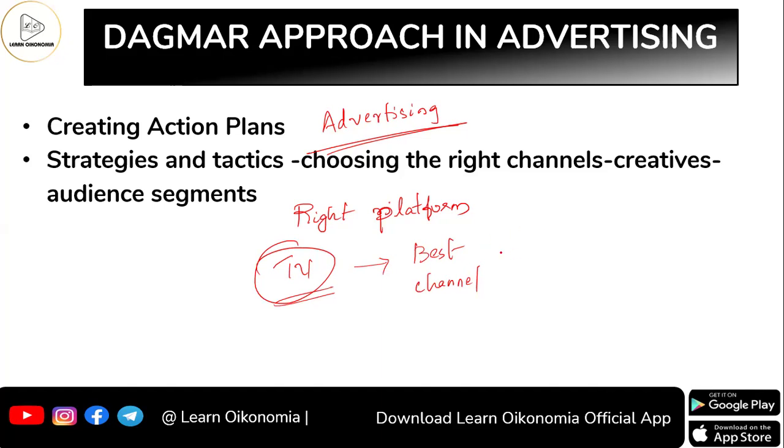It will reach a wider section, isn't it? So the best channel, and also the best program. Why the best program? Because the company wants to reach a larger audience, right? If the company tells the channel to give their advertisement in between this most popular program, all those people who are watching the program would also watch the ad of this company, isn't it?